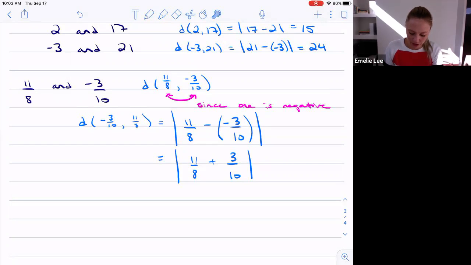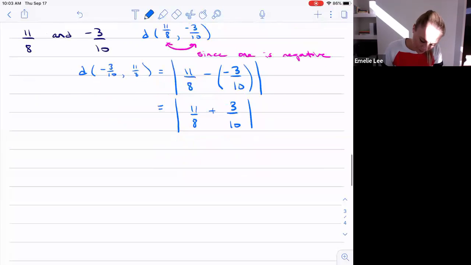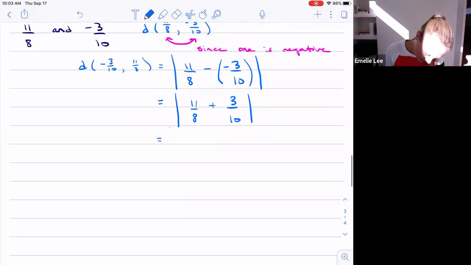So over here, we're going to multiply by 1. We take the 10 from over here and multiply by 10 over 10. Then we take the 8 from over here and multiply by 8 over 8 to get that common denominator of 8 times 10.